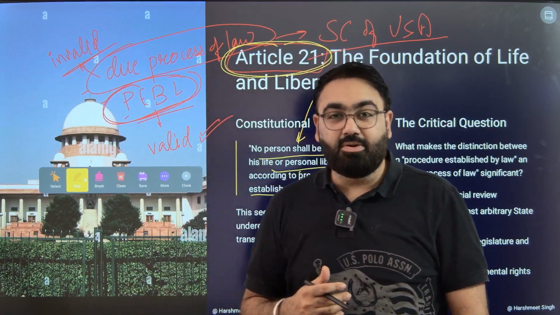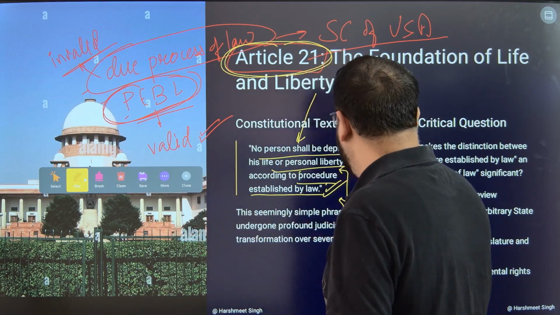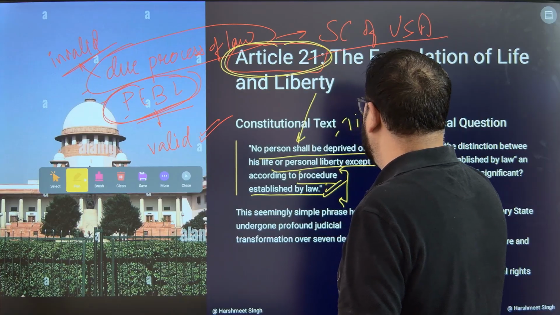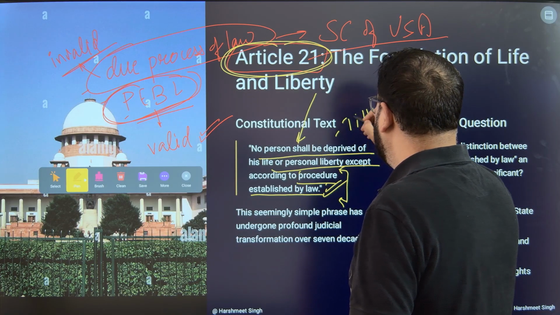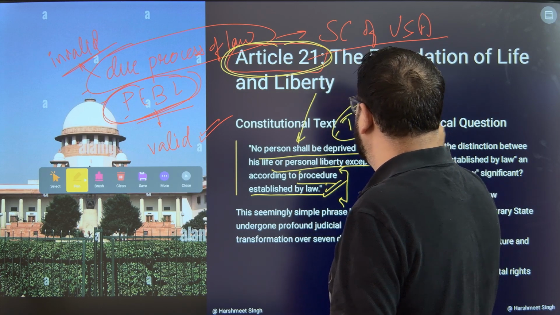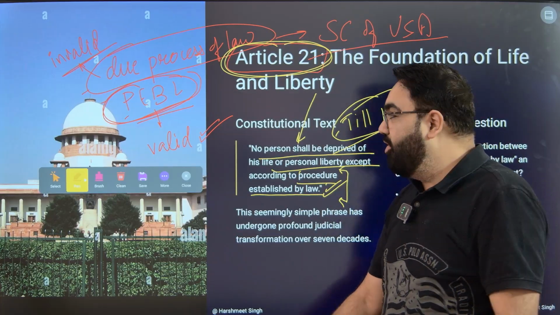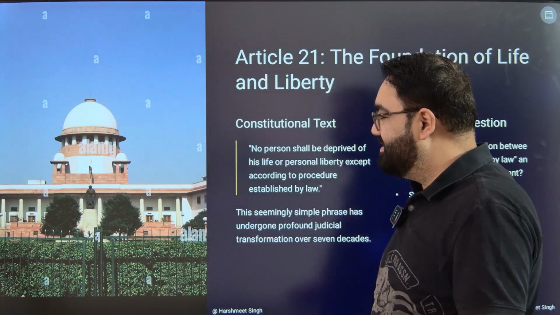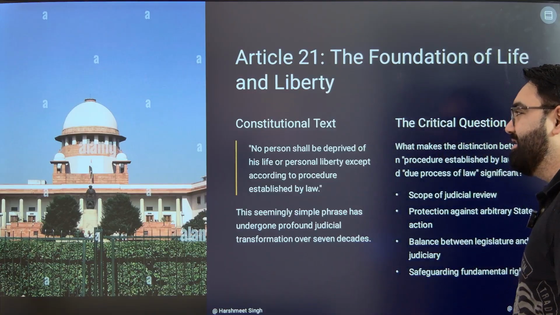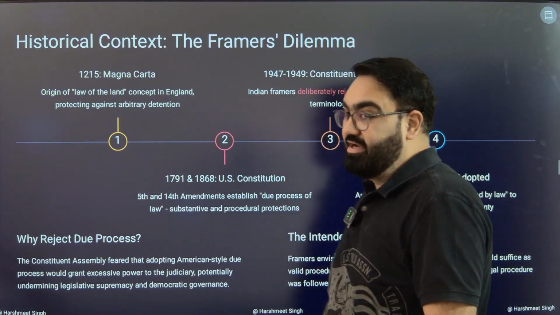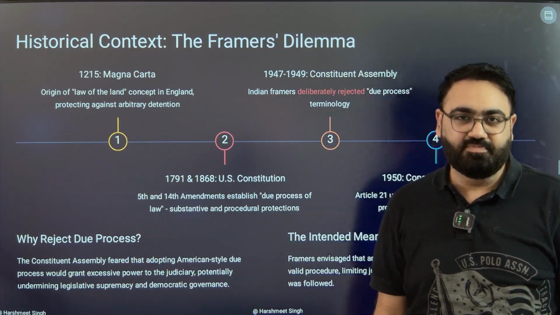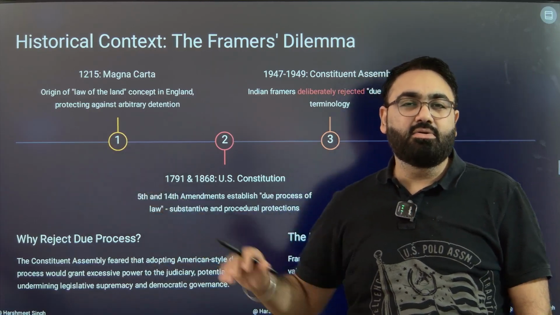The Indian Supreme Court used to follow this till 1978. Till 1978, whenever the Supreme Court had to adjudicate any case or interpret a law, they only used this particular principle. However, things started to change after 1978, and I'll tell you how it started to change. But before that, look into a bit of history.